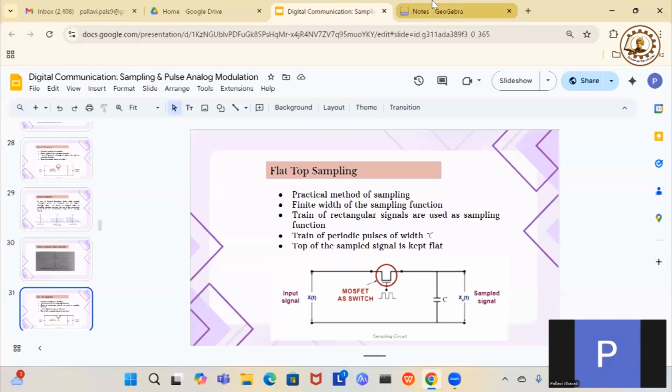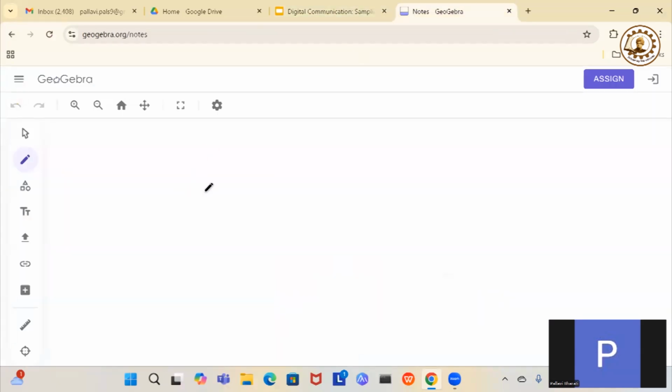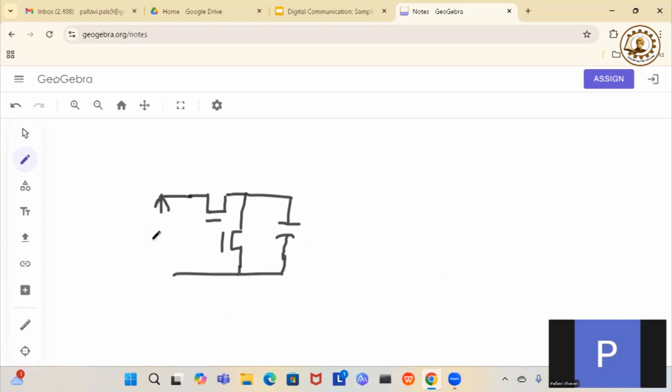For this, you have to follow a different process, but this can also be used. So two switches can be taken simultaneously. One of the switches will act as a sampler and the other will act as a discharge switch.